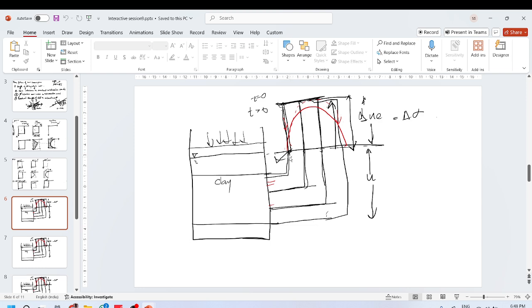That is why at t equals 0 and just 1 or 2 seconds later, at the boundaries, excess pore water pressure will dissipate, and you will get a higher effective stress and a lower pore water pressure.